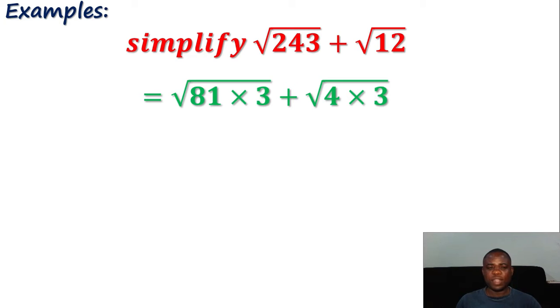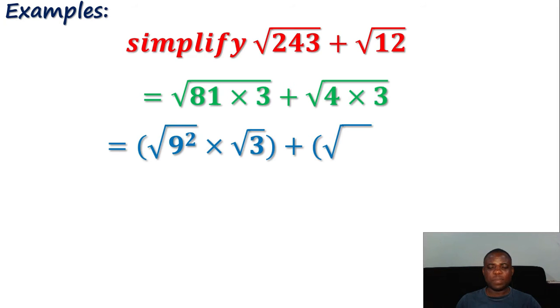Looking at this, realize that we have simplified the number 243 and then the number 12 under the square roots. So this is also the same as 9 times the square root of 3 plus 2 times the square root of 3, written as square root of 9 to the power 2 times square root of 3 plus square root of 2 to the power 2 times square root of 3.